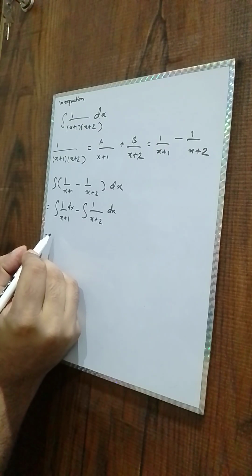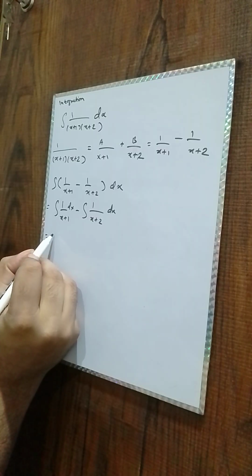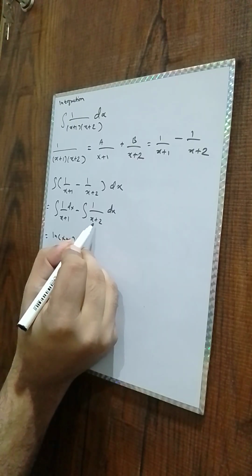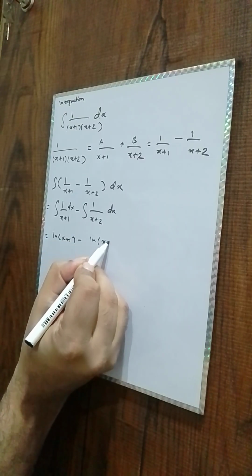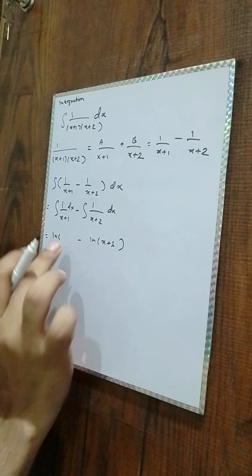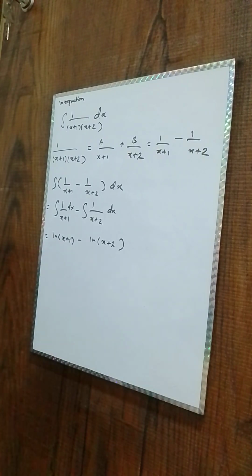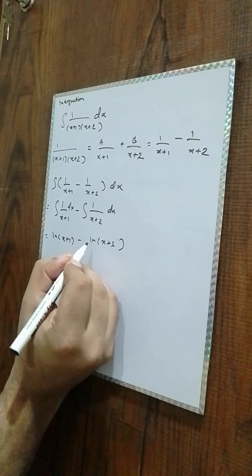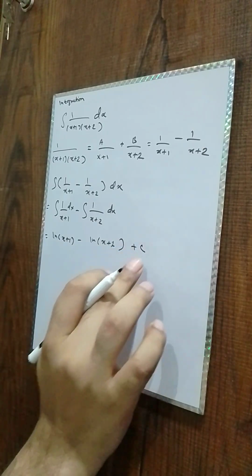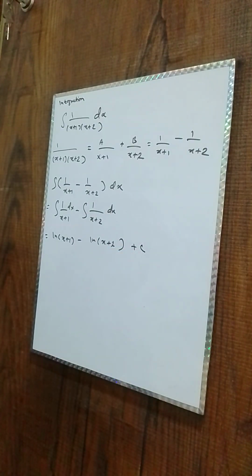So here we have 1 by x plus 1, which is natural log of x plus 1, minus, in this case, natural log of x plus 2. Plus C, which is the constant of integration, C1 plus C2, capital C.